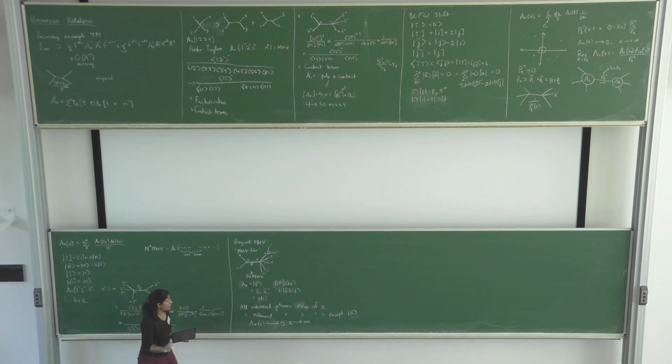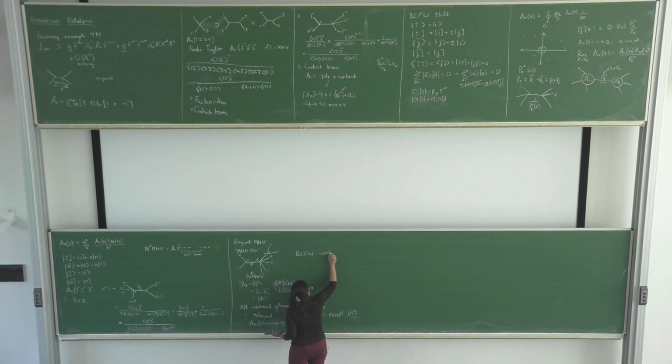As I said, I ignored the propagators when I did this, but all propagators are 1 over p squared, which means that they can either be constant with z or they can go as 1 over z, right? So still, the argument holds that an of z has to go to 0 as z goes to infinity. Okay, so that was a bit technical, but basically this allows you to then say BCFW works for all NK MHV Yang-Mills amplitudes.